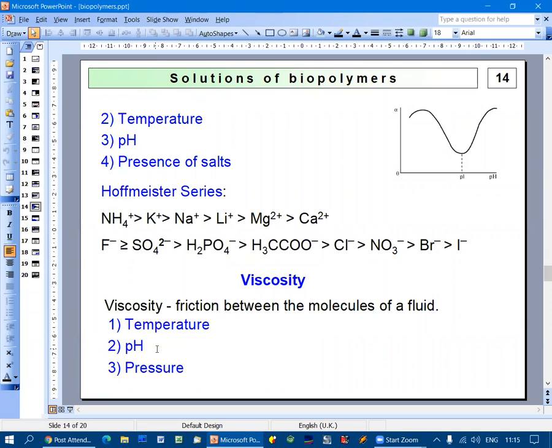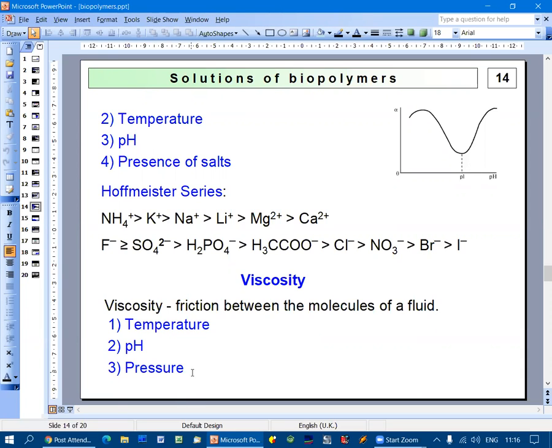And of course, the viscosity at pH equals pI will be the lowest. So the plot, how the viscosity, you just have to change alpha by any other letter that will mean the viscosity. But the plot will be the same. And this is one more method for determination of the pI value of proteins.